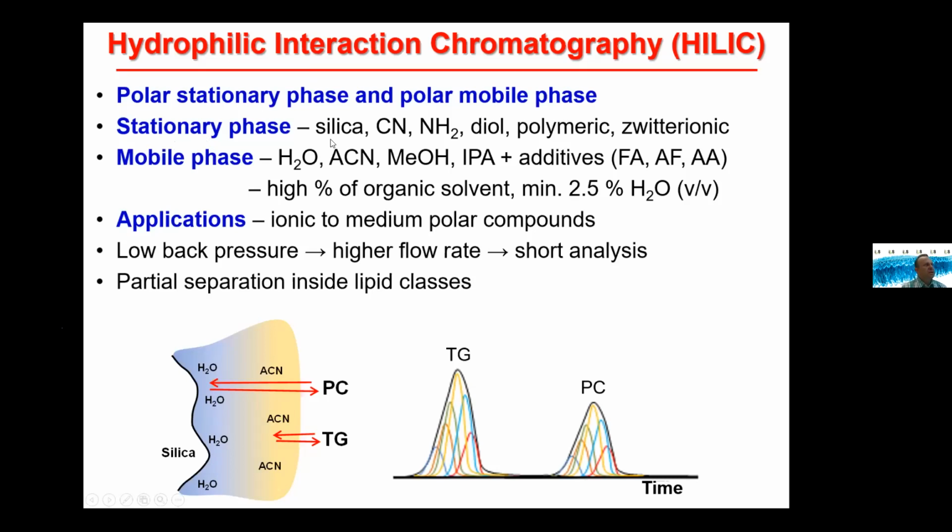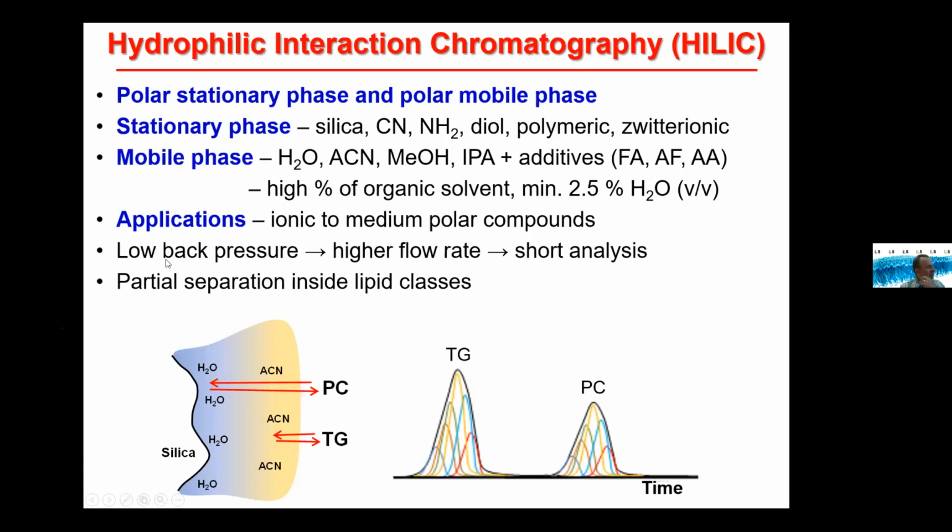Typical stationary phases are silica gel or some modified medium polar stationary phases, and the mobile phase is acetonitrile-water or methanol-water, always with a high content of water and also additives. It applies to almost all lipid classes except the non-polar lipid classes.